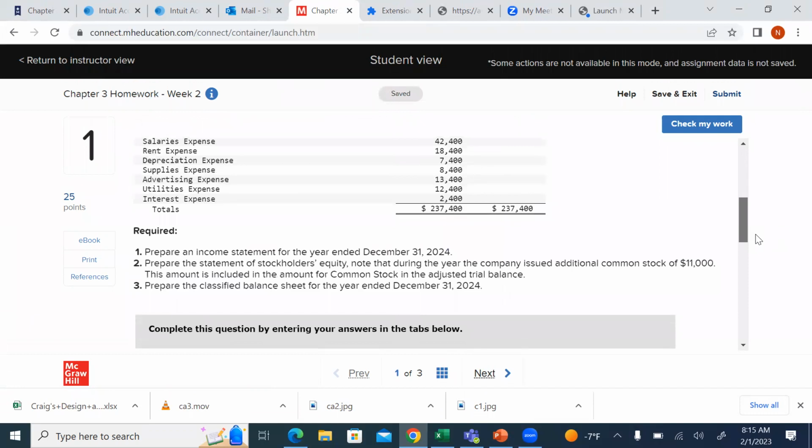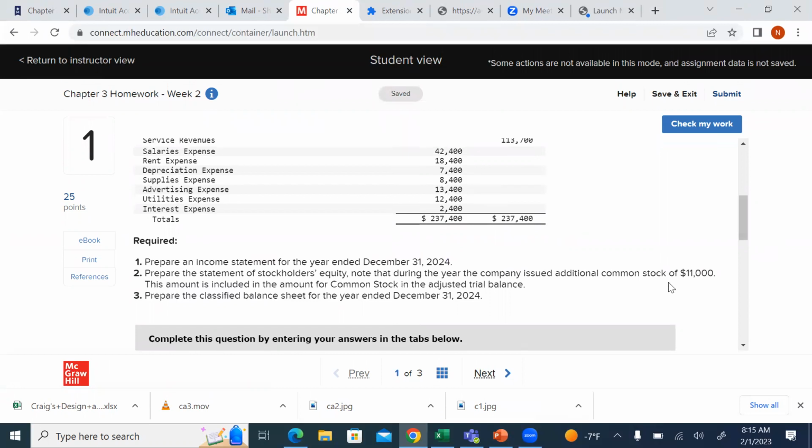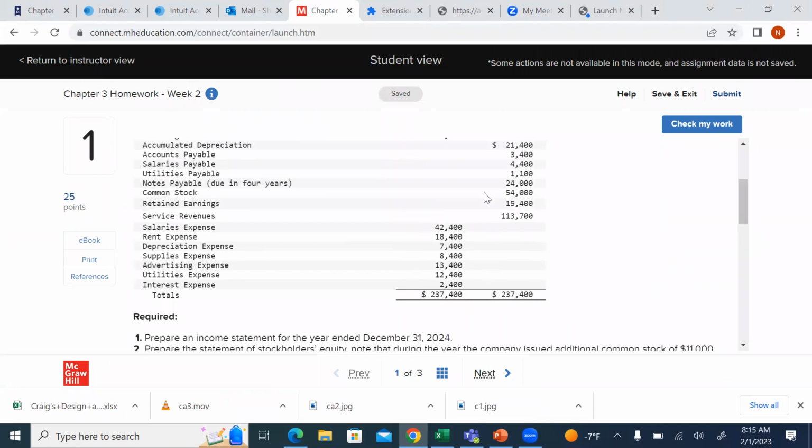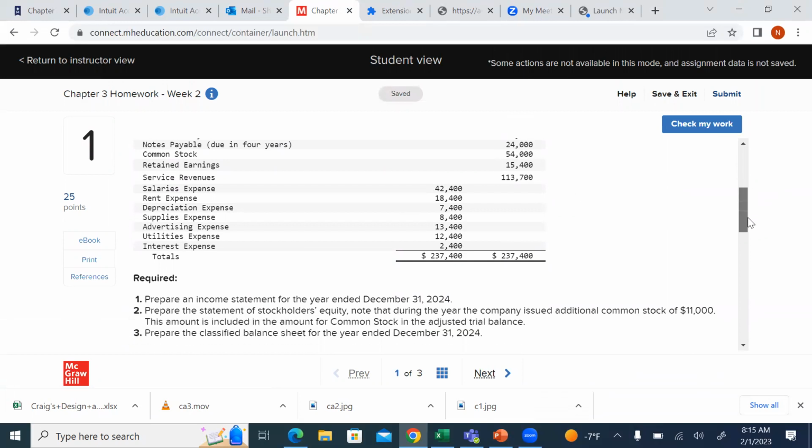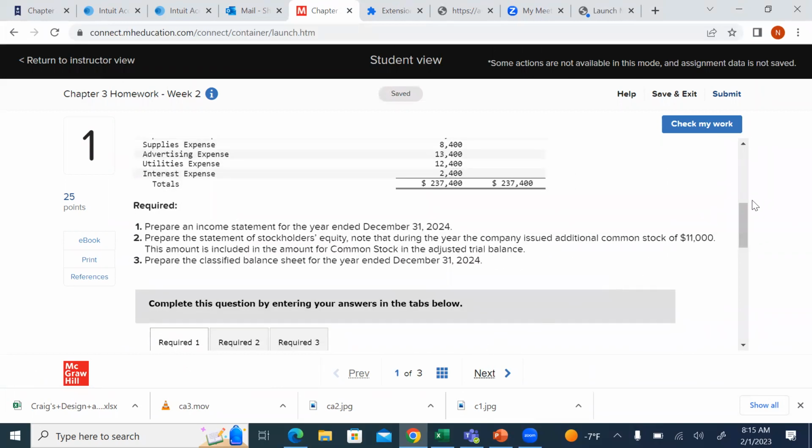It's letting us know that during the year, the company issued an additional amount of common stock of 11,000. And that 11,000 is included in this $54,000 figure. So this 54,000 includes this 11,000 that was issued during the period.